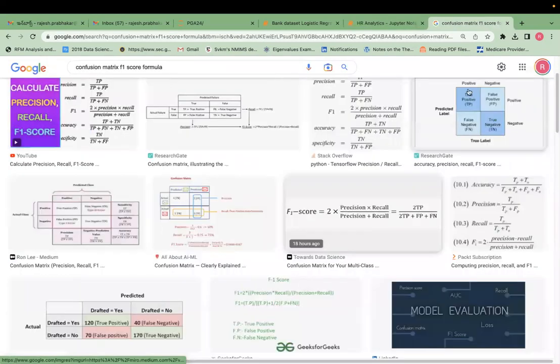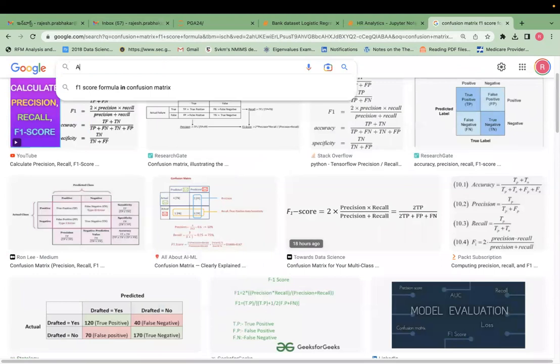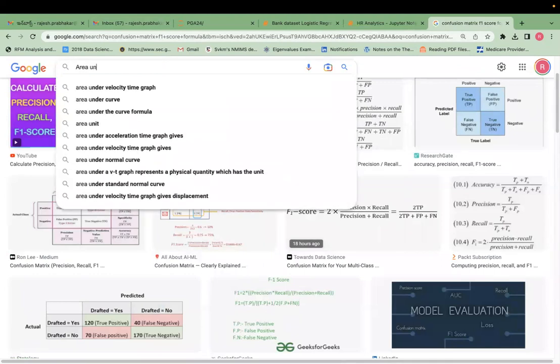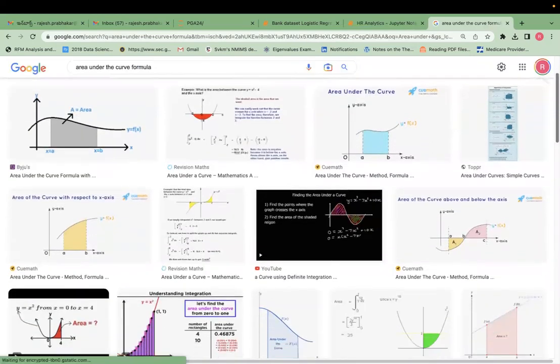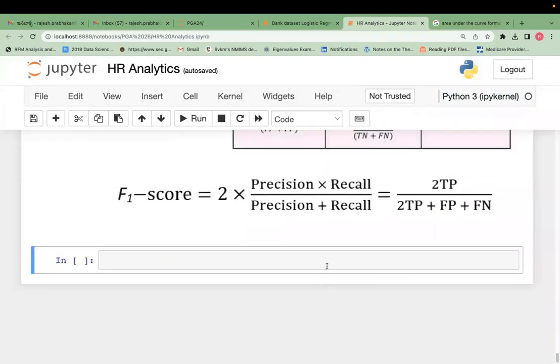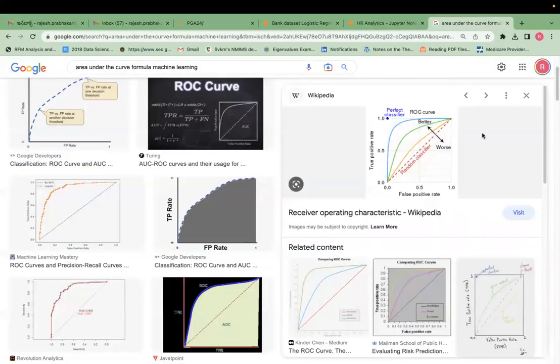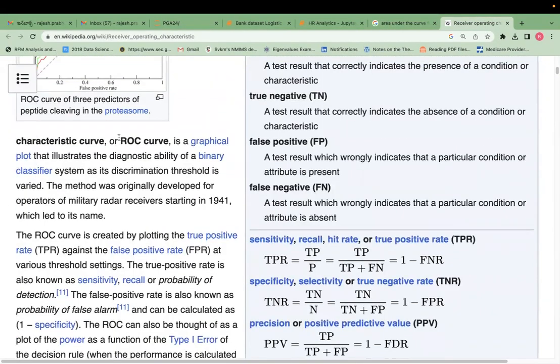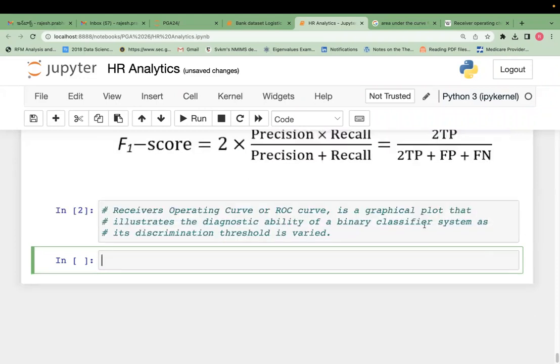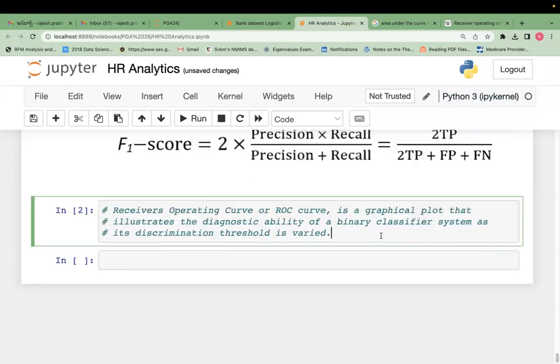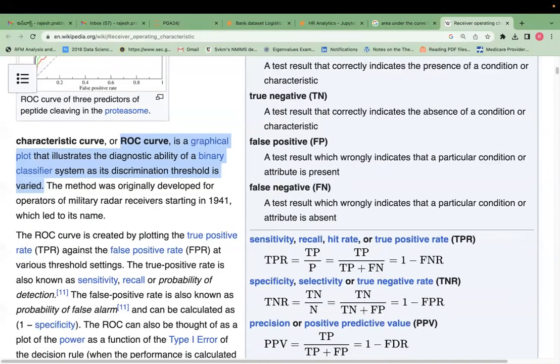One other metric which is important is area under the curve. Area under the curve, or AUC, is also one of the important metrics. It is the area under the receiver operating characteristic curve, or ROC curve, which is very important in binary classification.